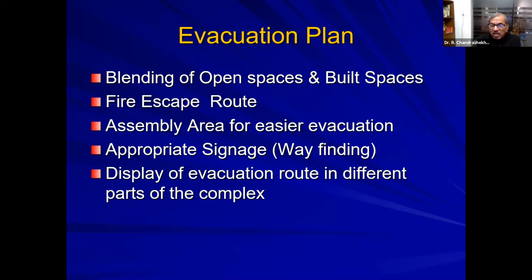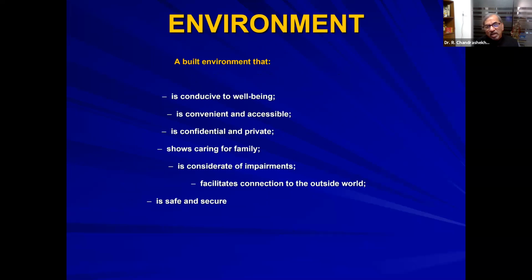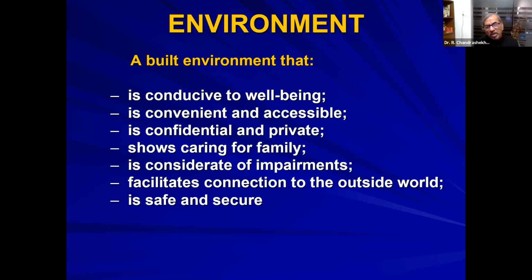You have seen in Odisha, a lot of windows have shattered, roofs have flown away because of the tornado. So the place you choose, you have to take note of these parameters. And finally, the environment which you are going to create, a built environment that is conducive to well-being, is convenient and accessible, is confidential and private.